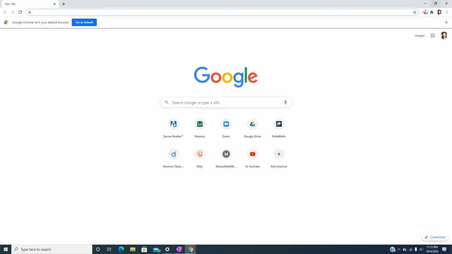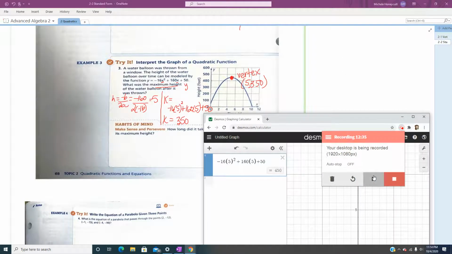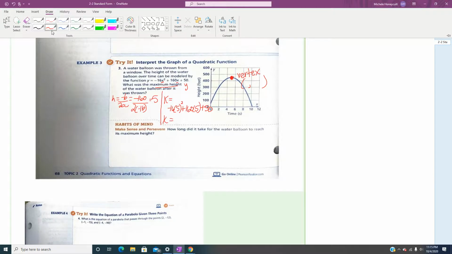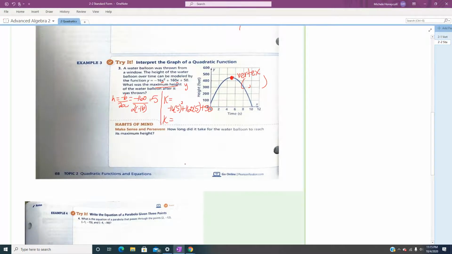Doesn't look like 350. Let me think about this for a second. It's 450. I miscalculated, so let me change that. This is 450. Okay, so my vertex is 5, 450.